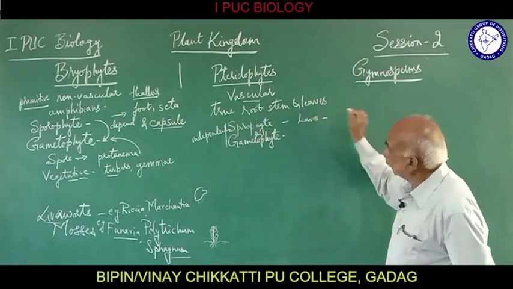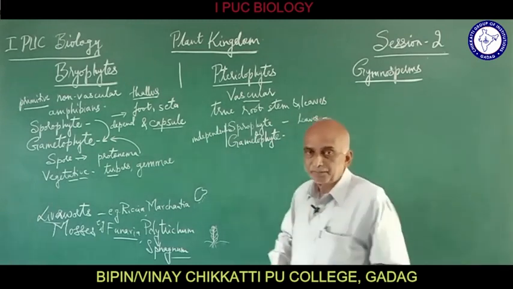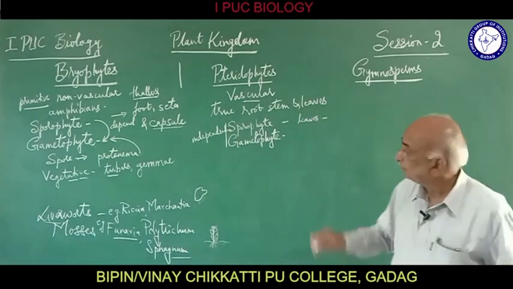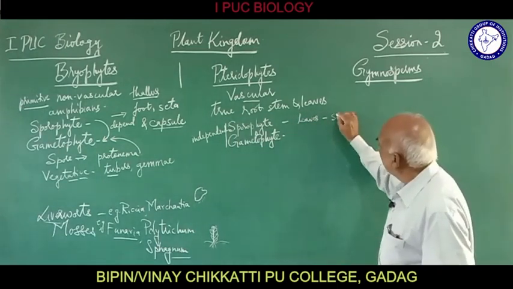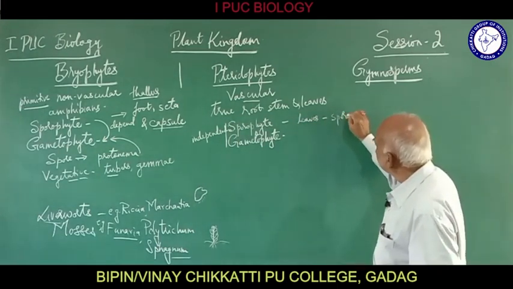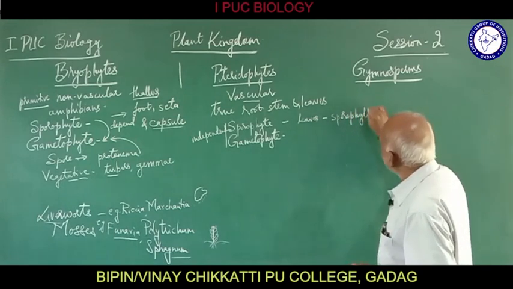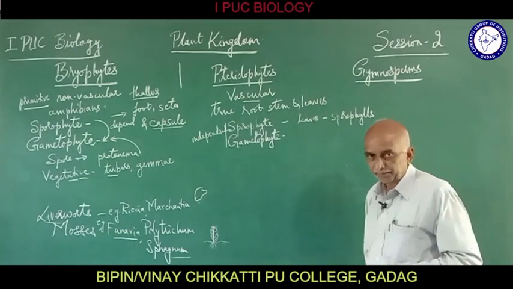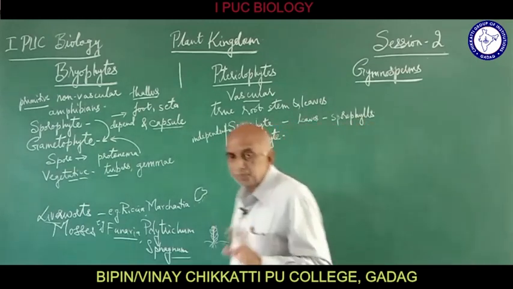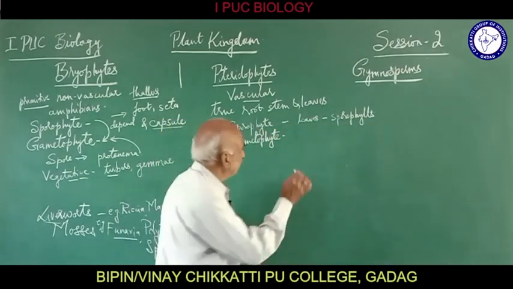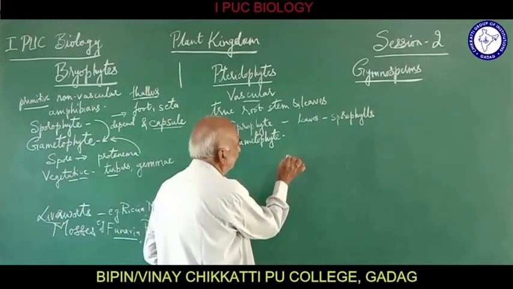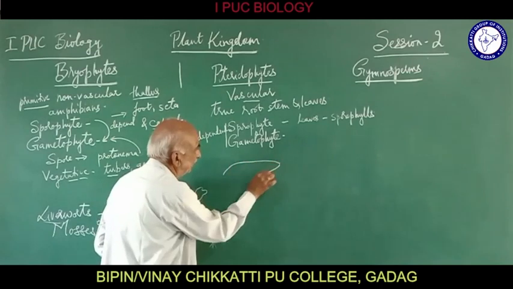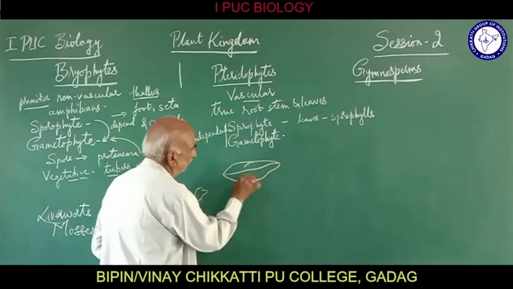Now the leaves which produce the spores, when they become matured, are called sporophylls. Actually, to give an idea, suppose this is a leaf of the plant, just imagine.